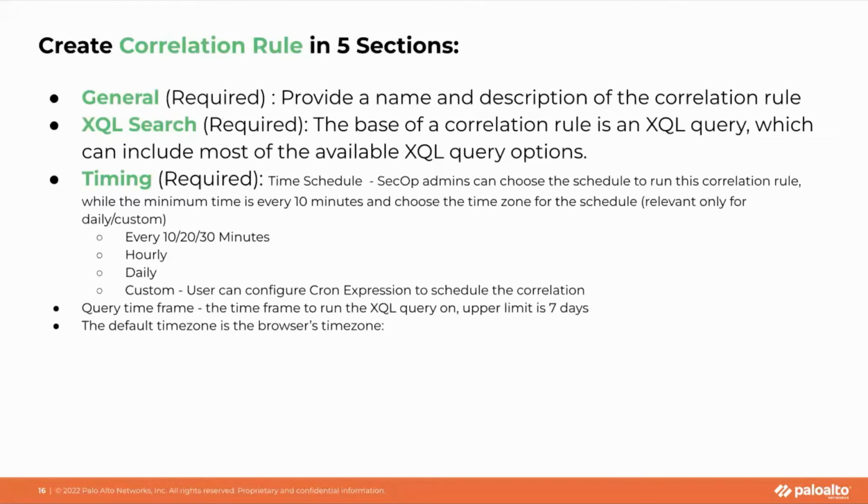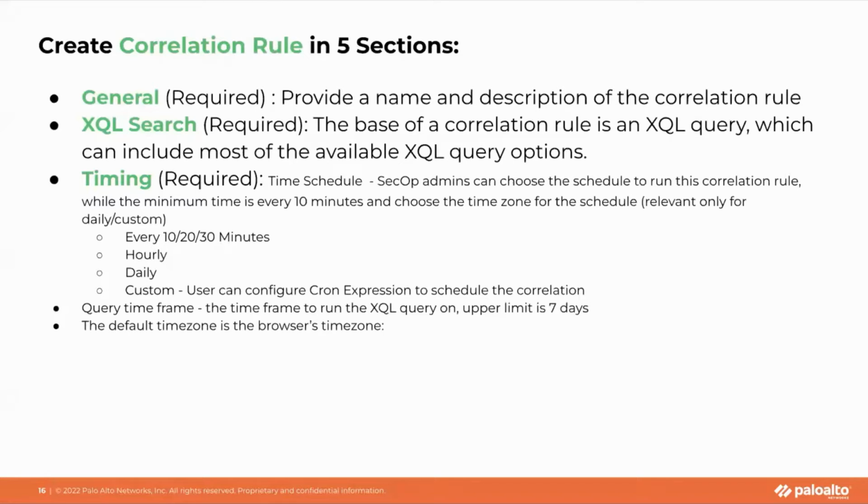Next is SQL search. The base of a correlation rule is an SQL query, which can include most of the available SQL query options. Please note that transaction and call SQL functions and wildcard used in place of a data set are not supported by a correlation, and as such, SQL queries containing those will not be able to be saved as a correlation rule.